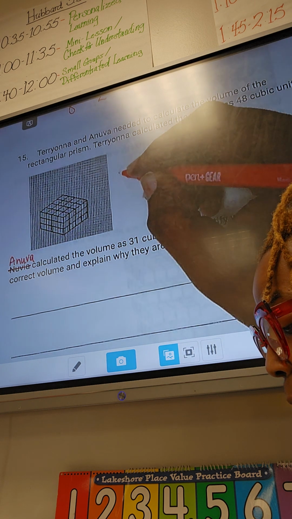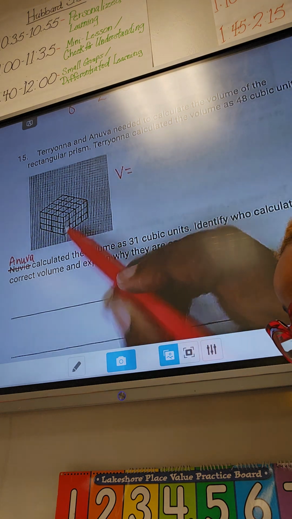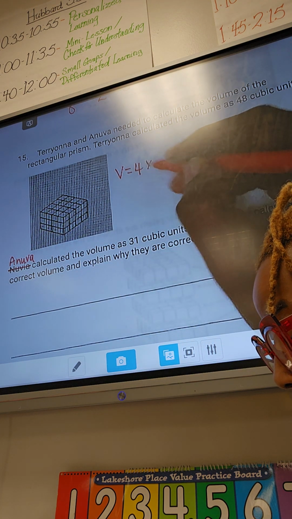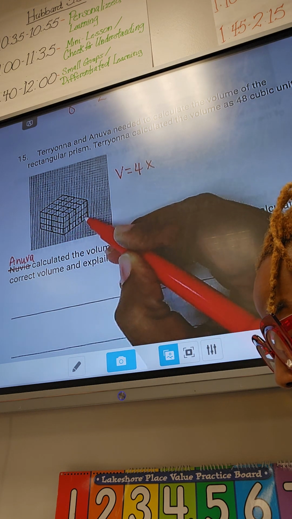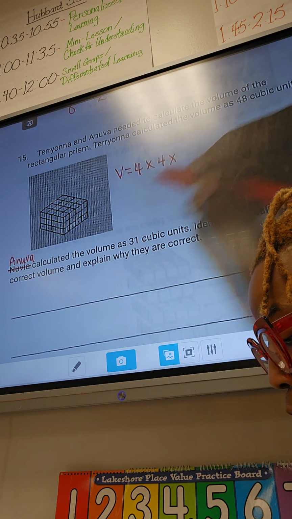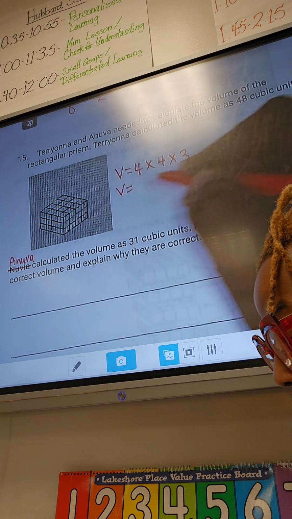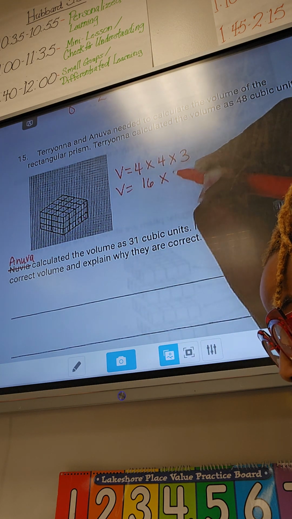All right, so here we go. Volume equals, let's count, 1, 2, 3, 4 times 1, 2, 3, 4 times 1, 2, 3. Volume equals 16 times 3.